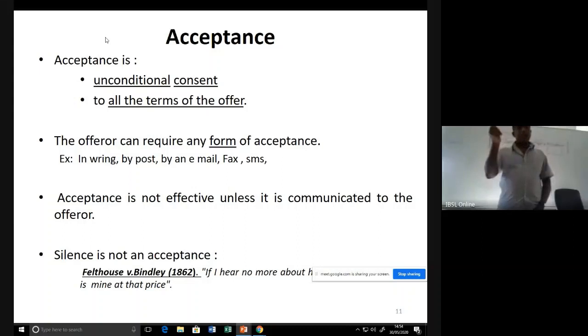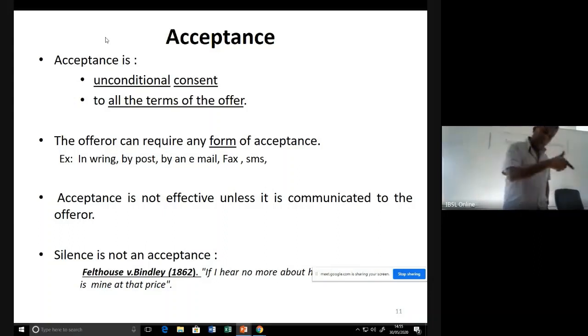So he accepts my offer, but with a condition. He said, I'll buy the car for 5 million, but you have to paint it. I don't like red, your car is red, so paint it blue. That is a condition that he put.